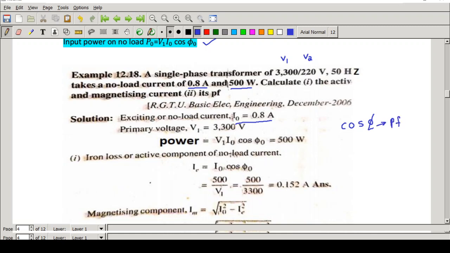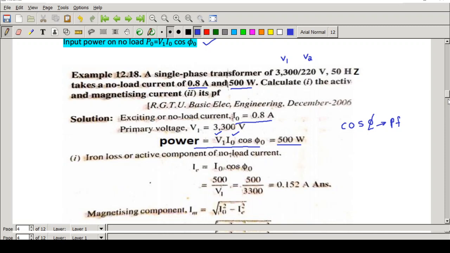So the power under no load conditions, I told you, the input power will be used for supplying the core losses, not the copper loss. Here we are considering only the core loss. So what is the expression? V1 I0 cos phi 0 is equal to 500. Now I0 is given and you know V1 also. So from that you can find cos phi 0. Here actually there is no need for that.